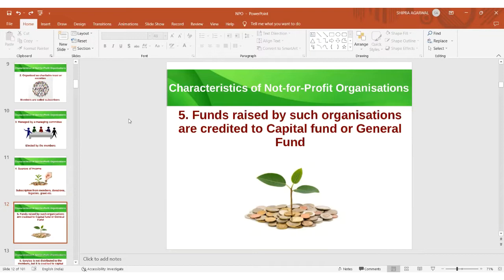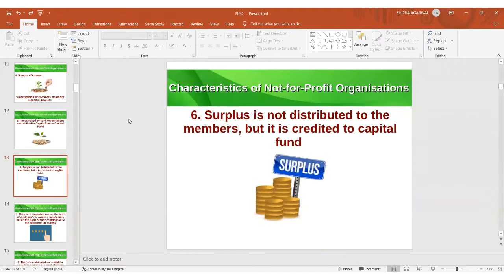So similarly, in this case also, it is the capital fund which is always there in the business. Now, as far as your surplus or deficit is concerned, as I told you, the surplus is not distributed among the members. Why? Because members are not the owners of the organization, but even then this surplus is credited to the capital fund.